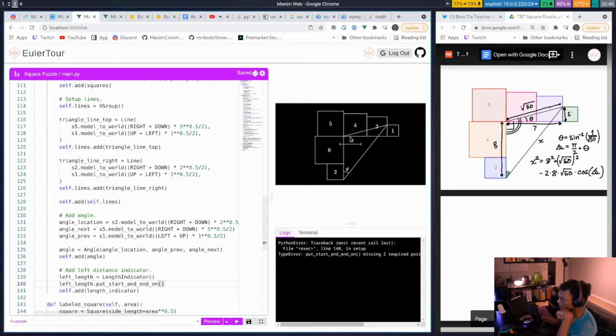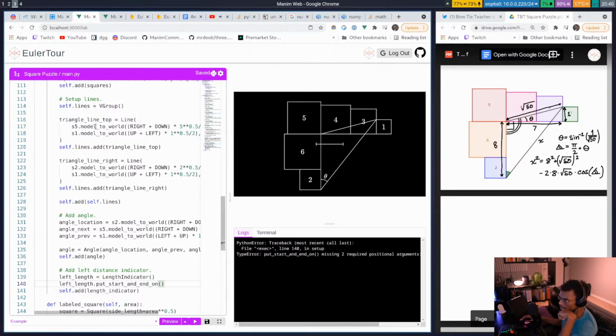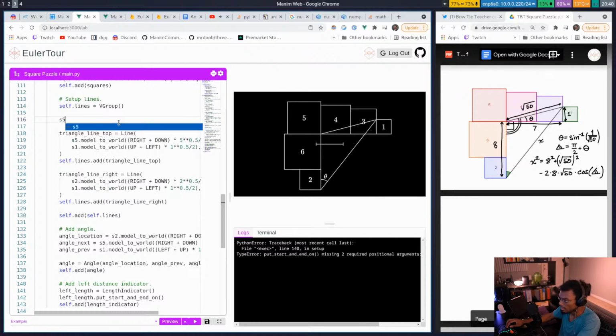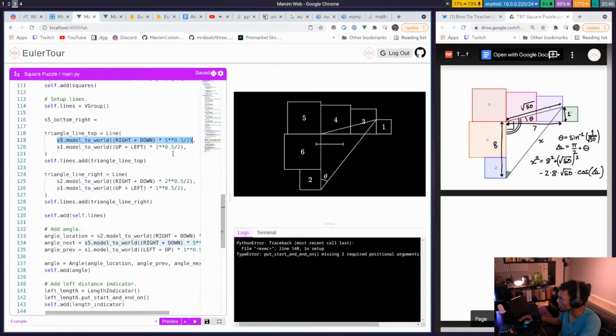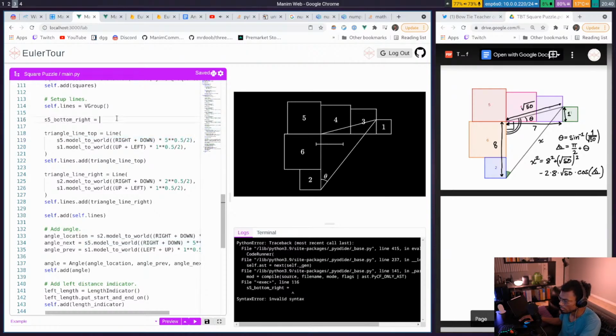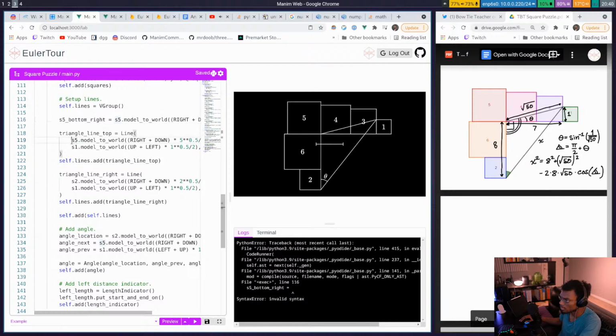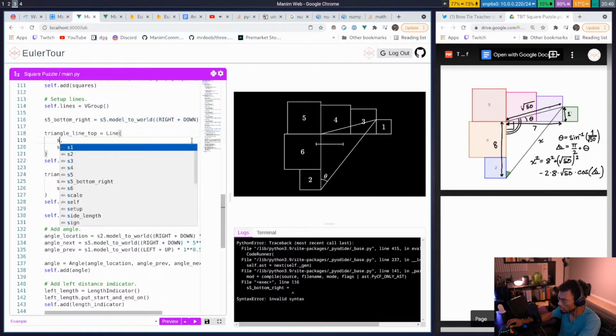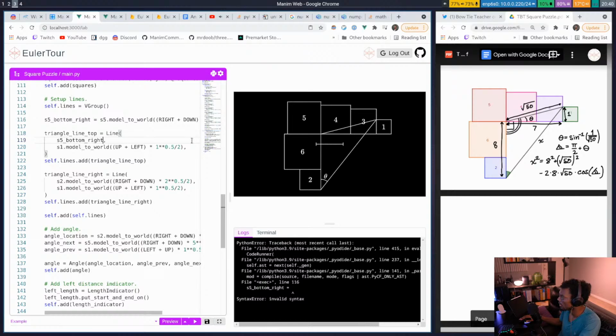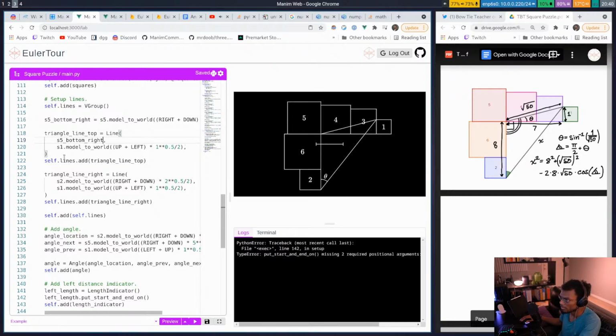Honestly, I need a name for the bottom right corner of the 5. I should just have a name for that. It's like S5 bottom right. To just put that, have a variable of that. Then S1 bottom left.